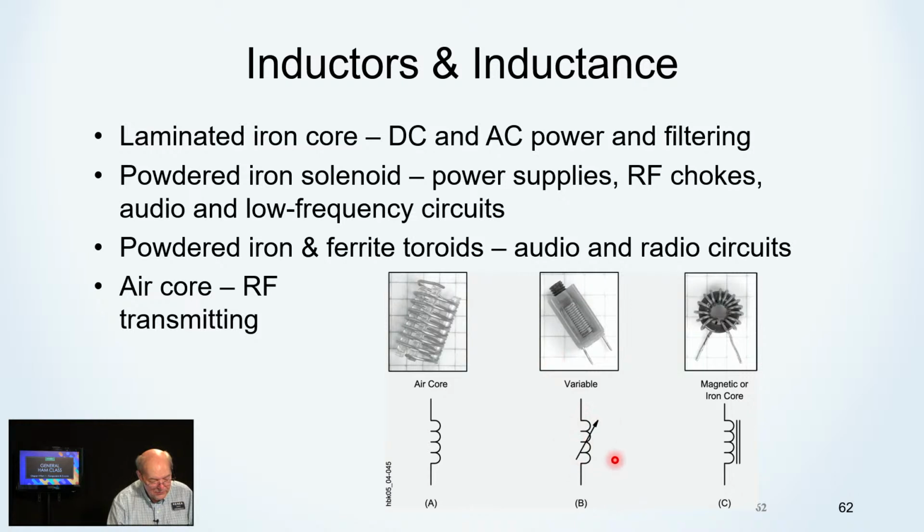And this is a symbol for a variable inductor. Now, an inductor that has a magnetic core, such as this, this is a toroid. We'll have more pictures. It is shown with these double lines here. So these are just some of the different kinds of inductors that you may run into.